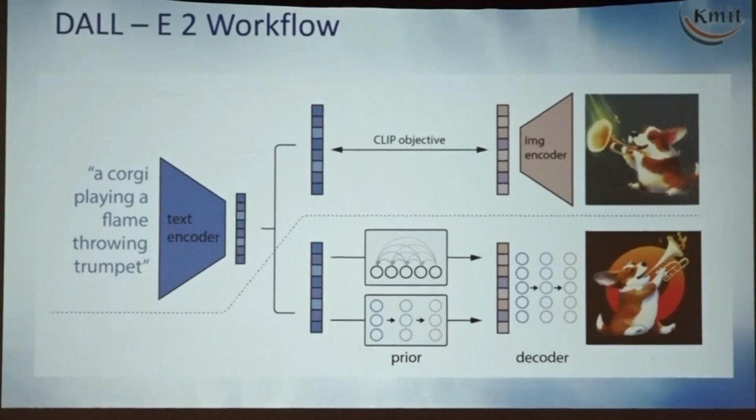Dall 1, the first version of Dall, is using the old one, the autoregressive model, but the latest version Dall 2 is using the diffusion model. We are applying the diffusion model on the features extracted, based on the given input embeddings.